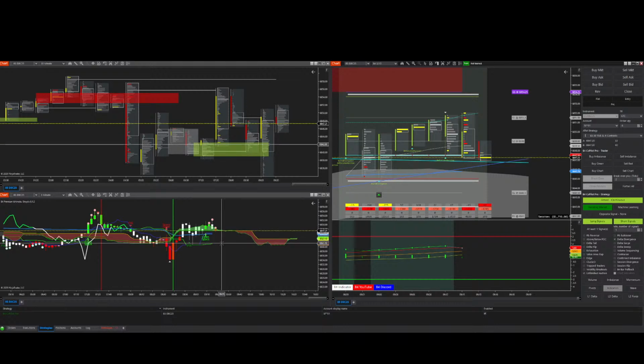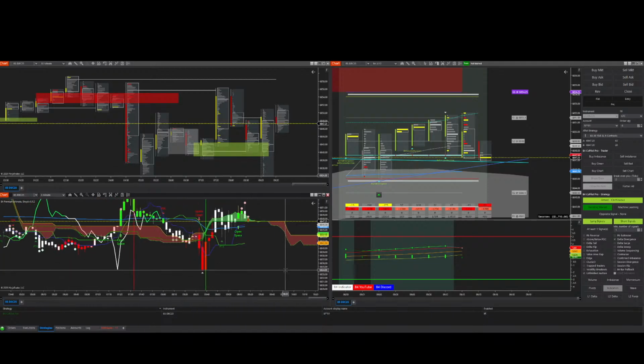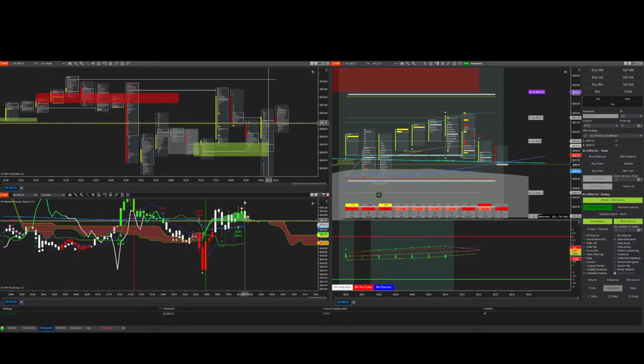So why do I call these kiss dots? We call them kiss dots because the scheduled pullback is for the price to come back and touch the Tinkerton at this spot.